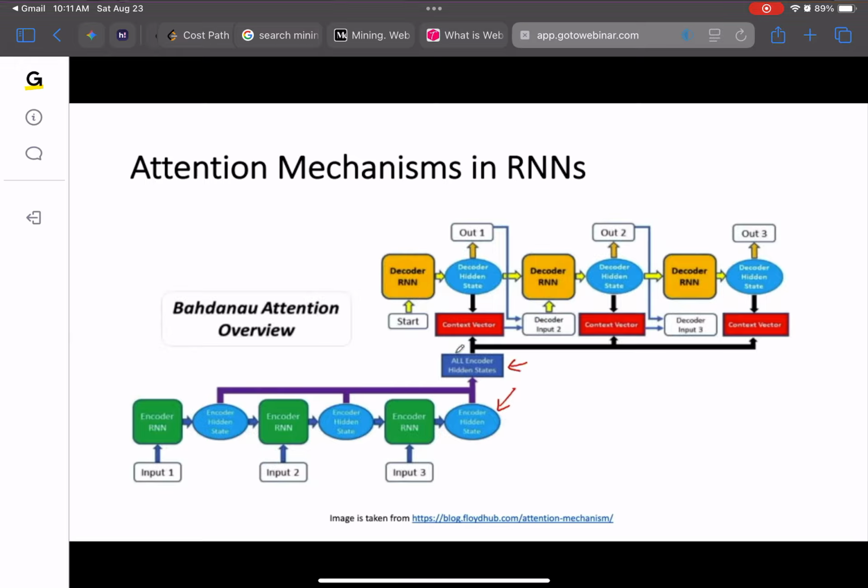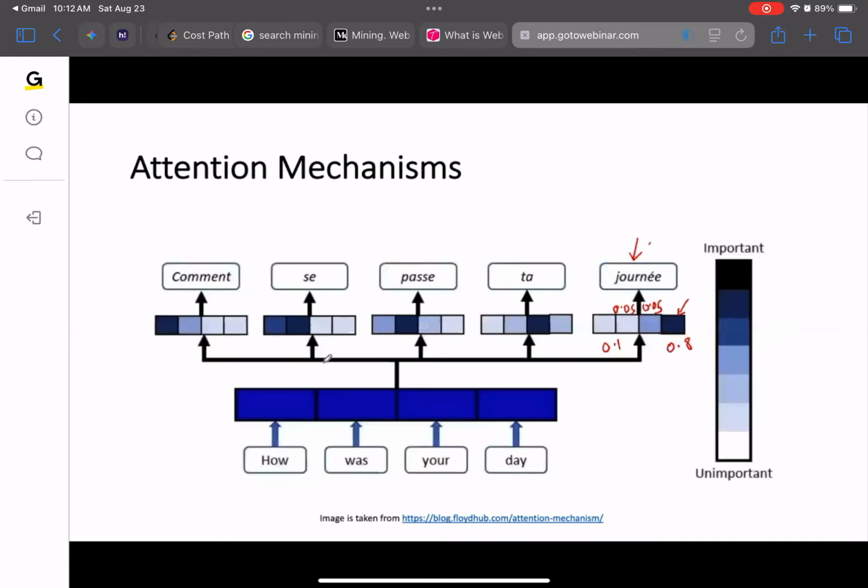The decoder uses these encoder hidden states to generate a context vector at each timestamp. This context vector is generated at each timestamp, and it captures the importance that needs to be given to the input words. So for example, when we are generating the first context vector, it should give more importance to the corresponding word. In the previous example, let's say journée corresponds to day.